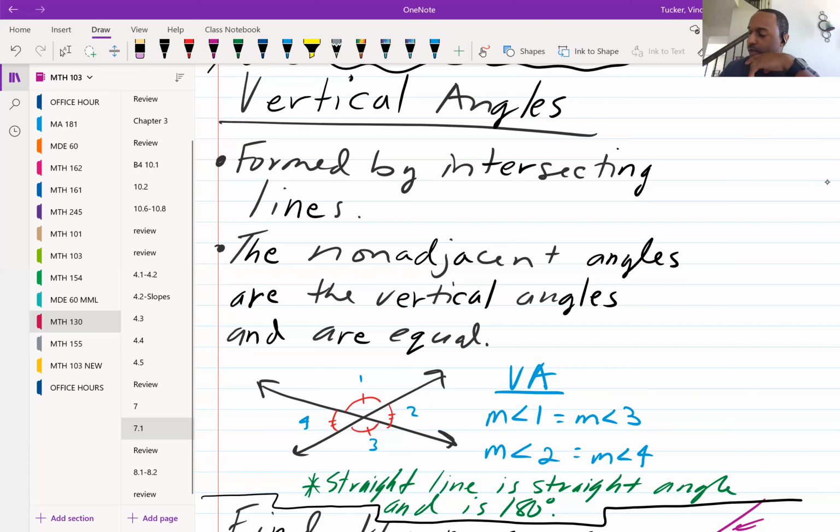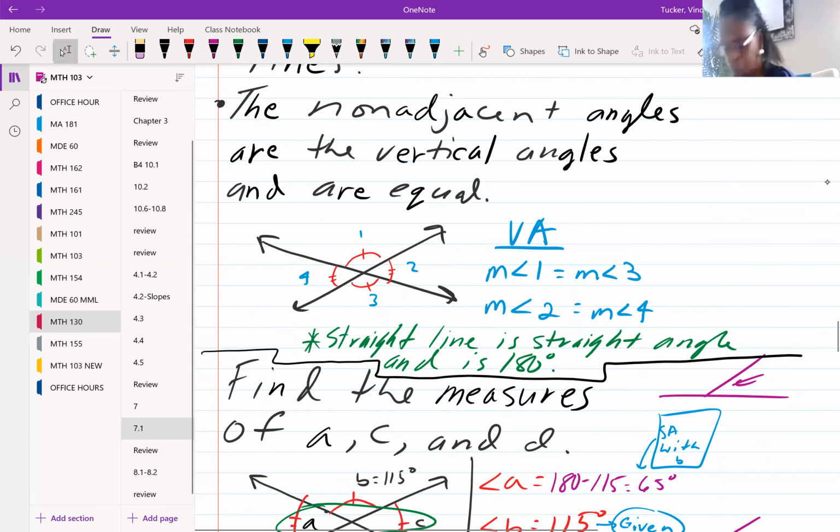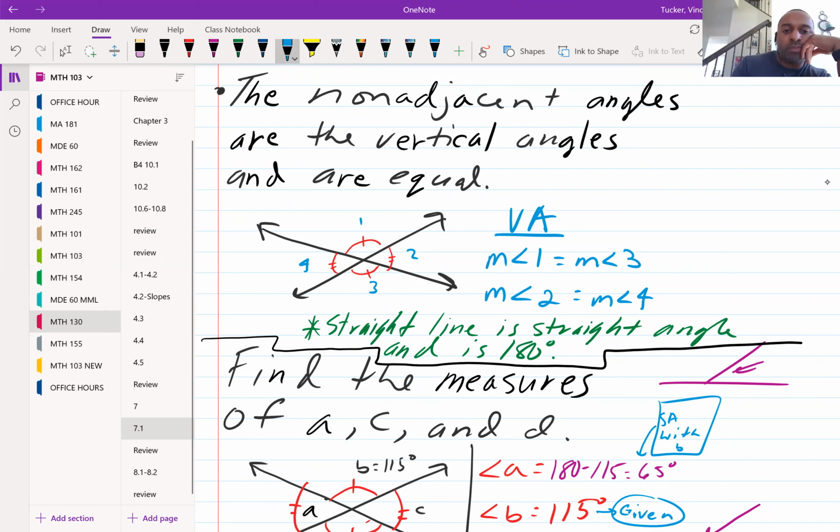All right. Questions on vertical angles? Okay, can I ask a question? Sure. See how you got those lines intersecting, they going across, right? And you have 1, 2, 3, 4. These angles are not going to be the same amount of distance, right?